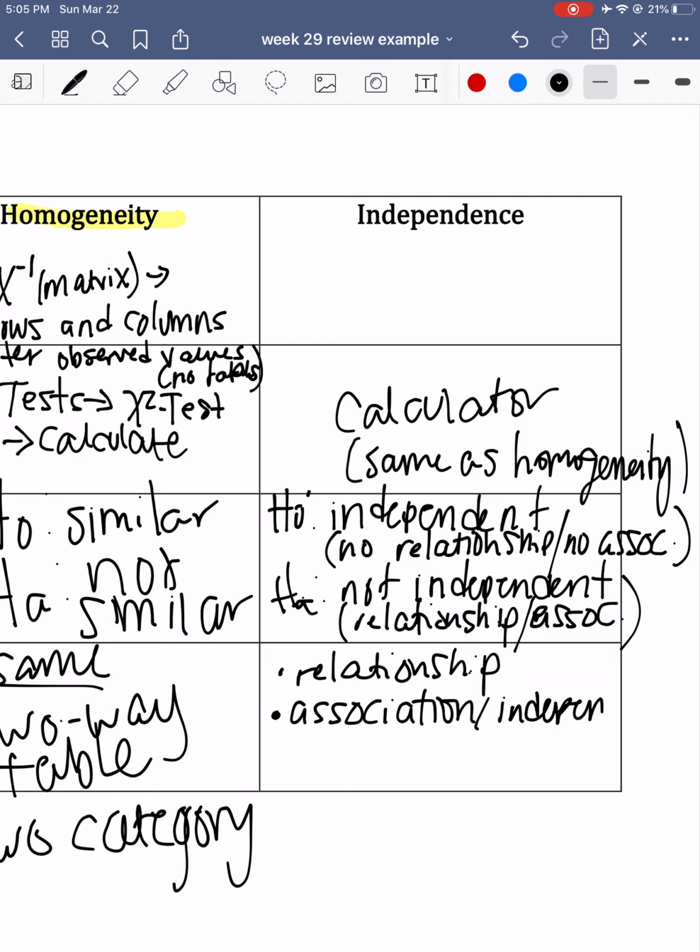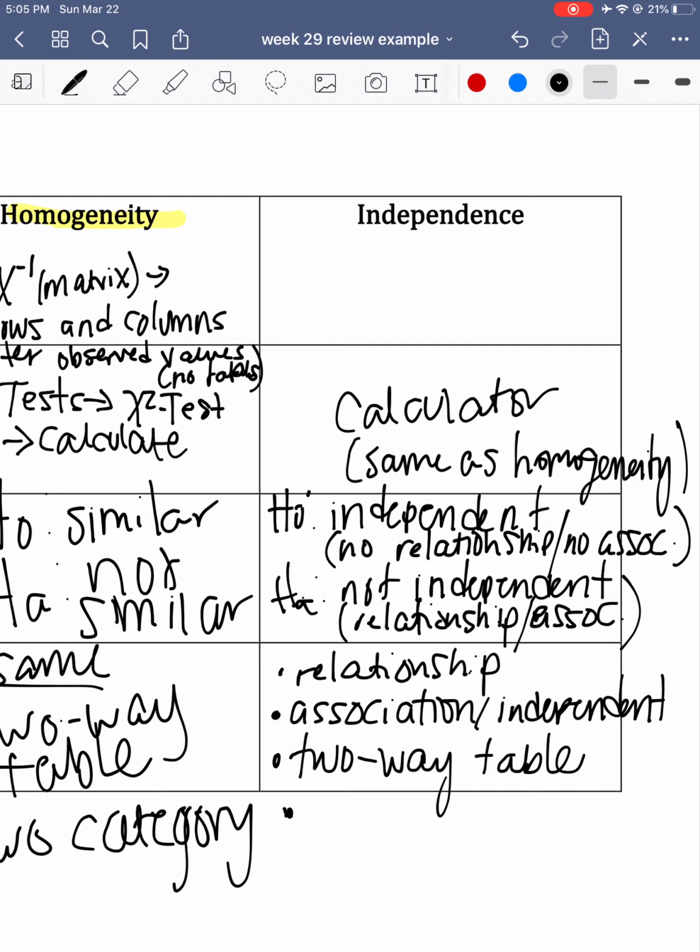And then again, we sort of have that two-way table going on. So again, we have two categories. And a lot of times the independence test is usually comparing groups of people, sometimes in terms of certain aspects about them.